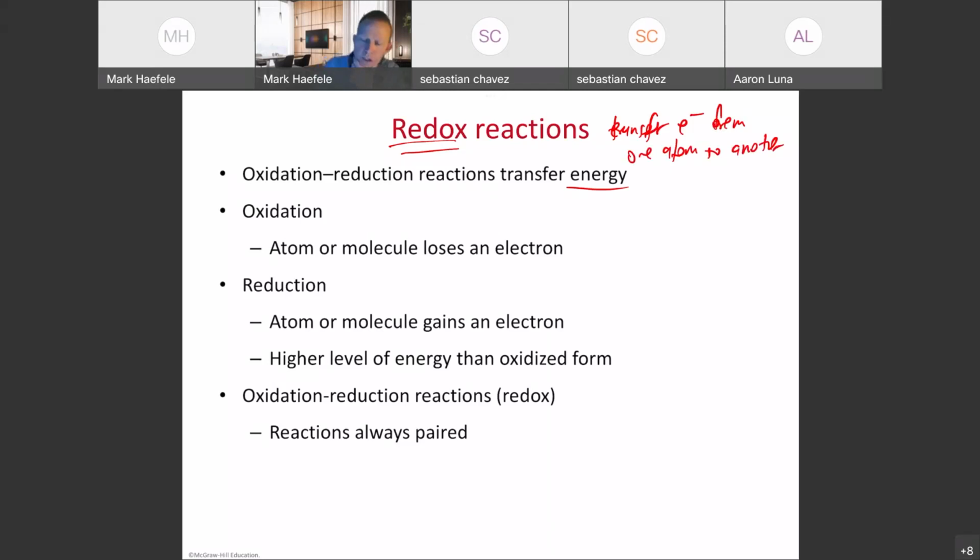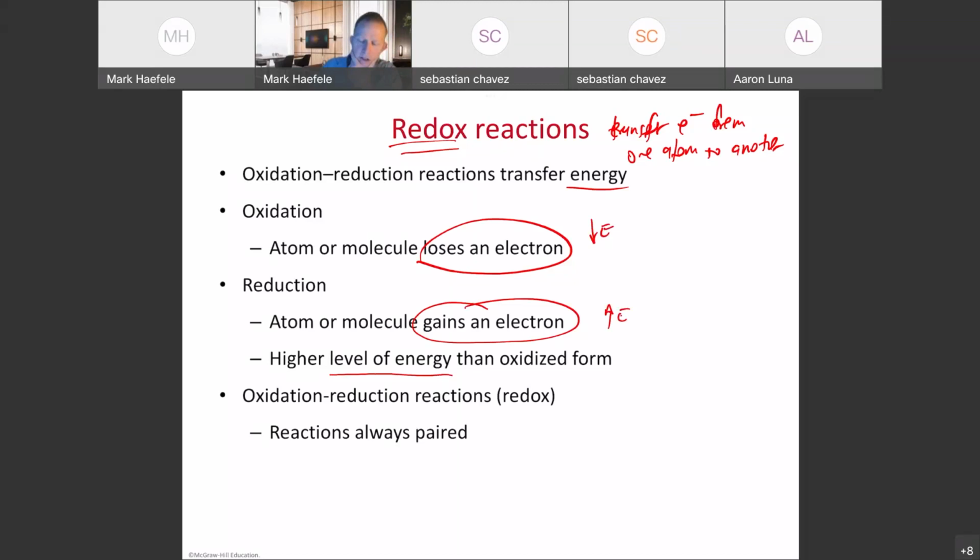When you transfer electrons in a way where you experience a loss, that's oxidation. If you transfer electrons in a way where you gain electrons, that's reduction. And if you gain electrons, since you have that energy, it puts you at a higher energy level than the oxidized form. So the oxidized form represents the lower energy level, and the reduced form represents the higher energy level. And so you always have this sort of back and forth.